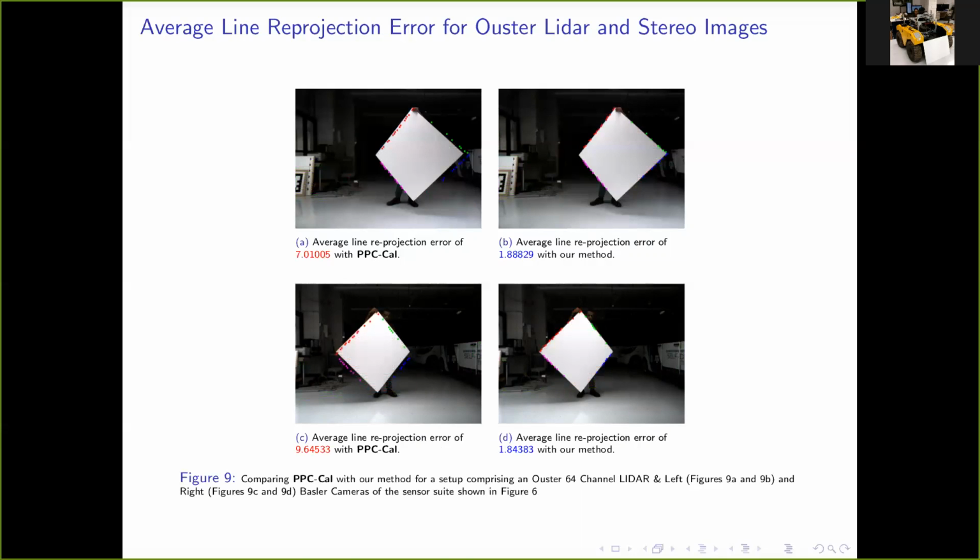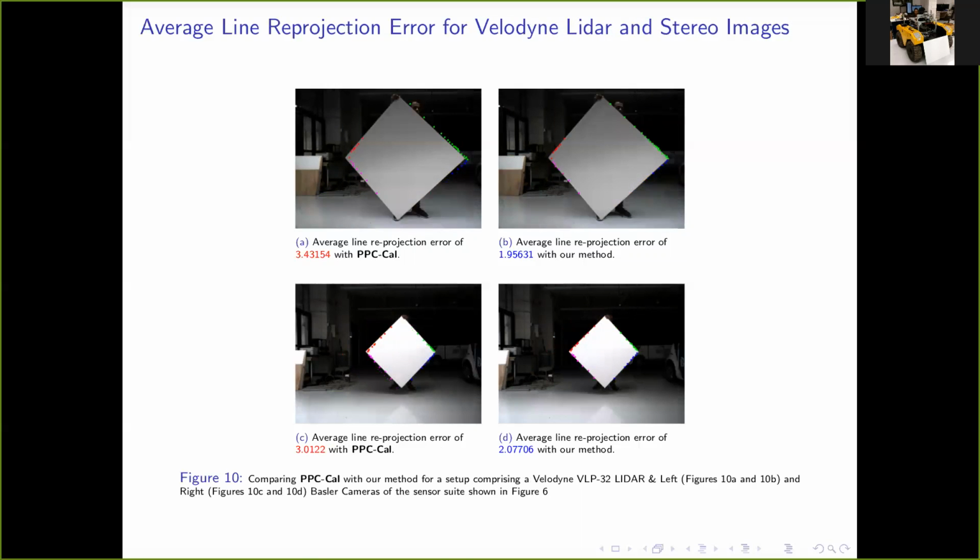Figure 9 shows the projection of edge points detected in Ouster LIDAR on the corresponding edges detected in the images. Clearly, PPC-Cal gives higher line reprojection error shown in red in figures 9A and 9C. Similar results can be seen in figure 10, where we use the Velodyne LIDAR instead of the Ouster LIDAR.